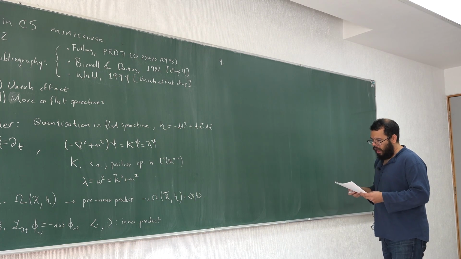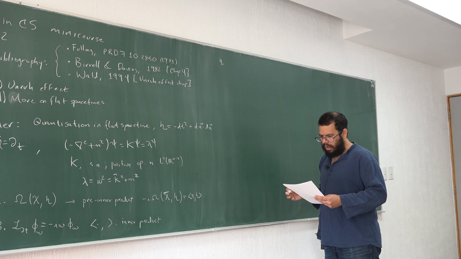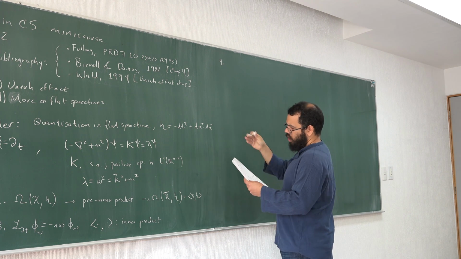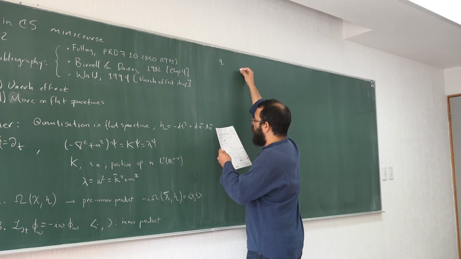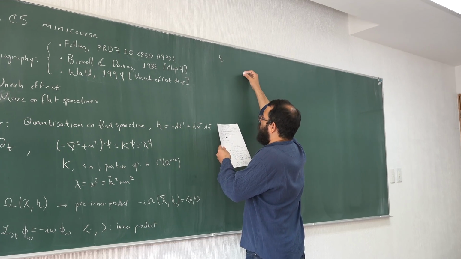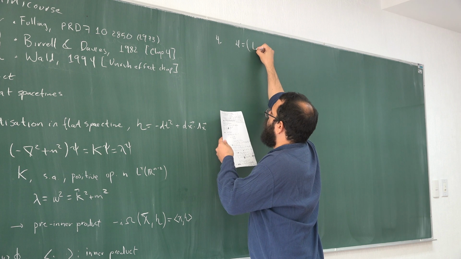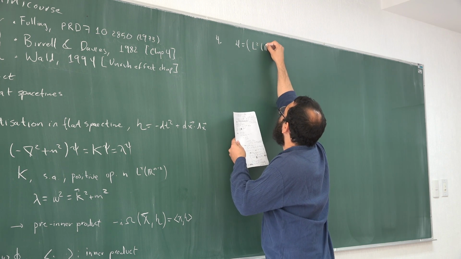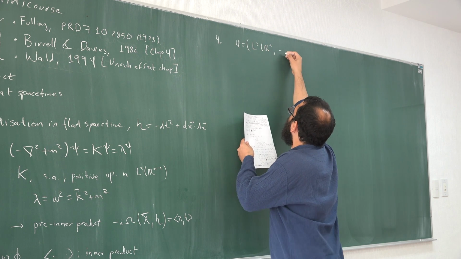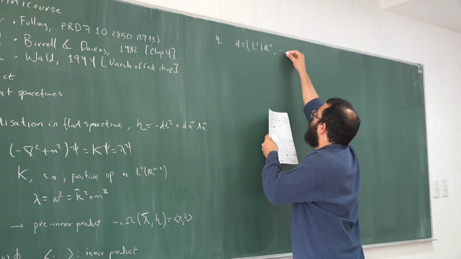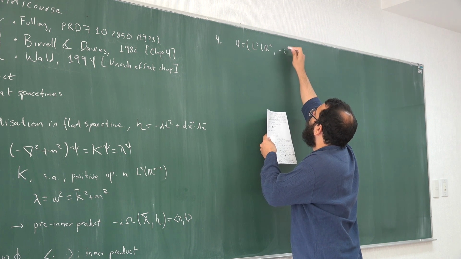Okay? And so just for recap, we find a Hilbert space which is L2 Rn.